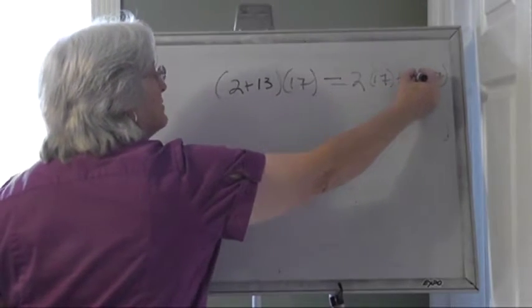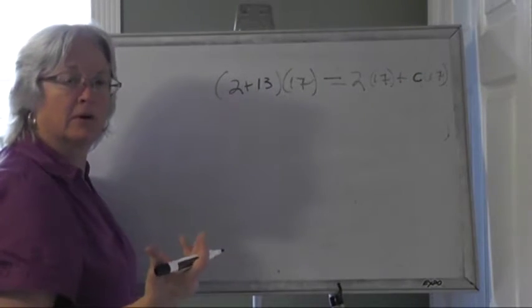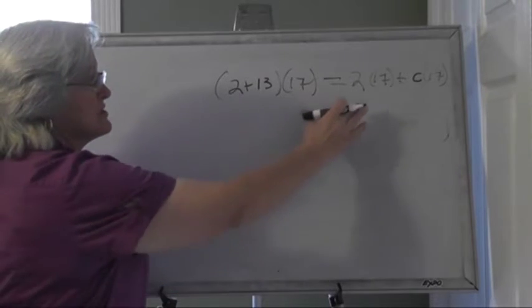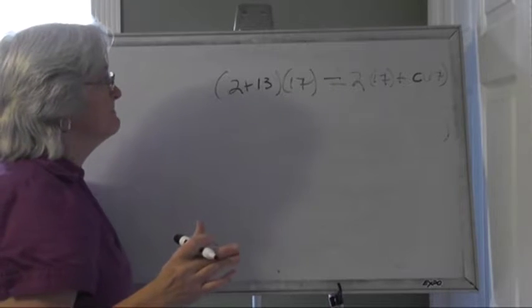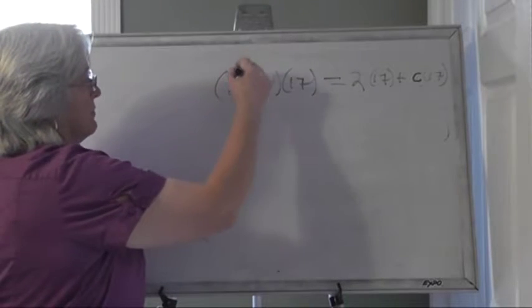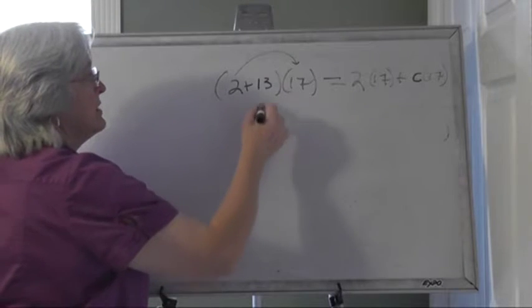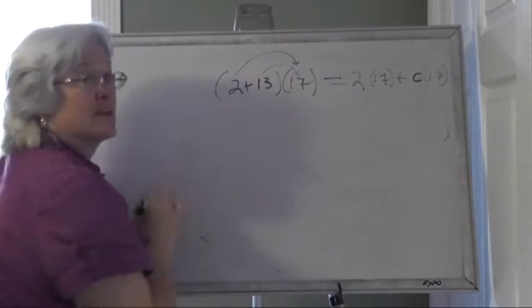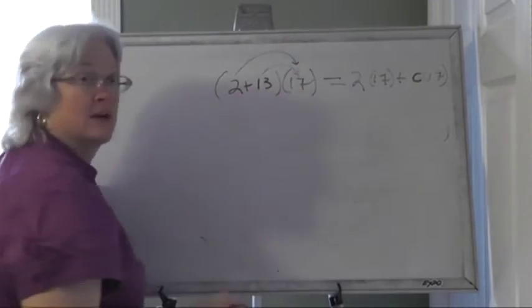I jumped right into a harder one, though not difficult as long as you understand how the distributive property works. This is actually taken directly from the example 3 that we just did. You have 2 plus 13 times 17, which is 2 times 17 plus C times 17.